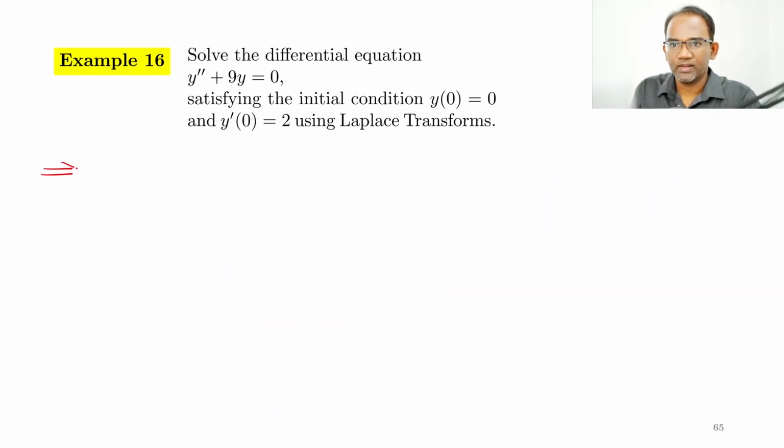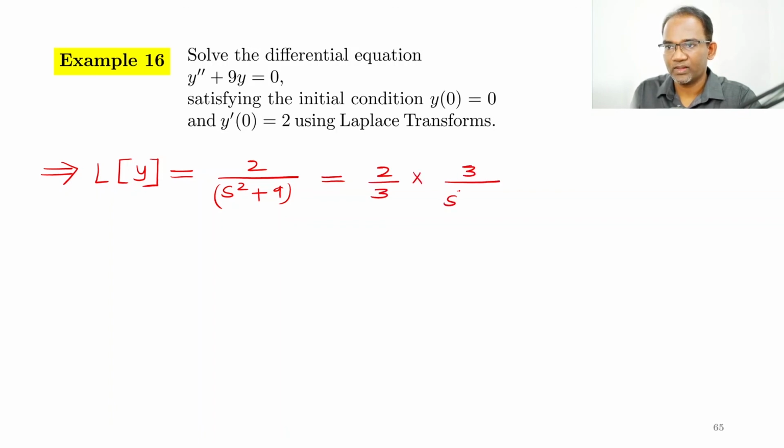So that gives us the Laplace transform of y equal to 2 over (s² + 9), and this is equal to 2 over 3 times 3 over (s² + 9).